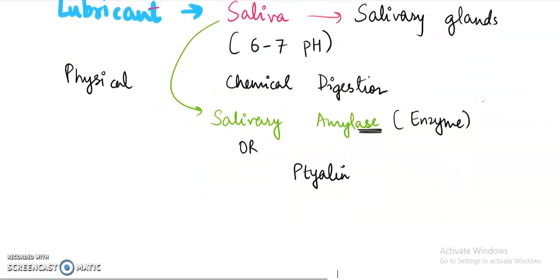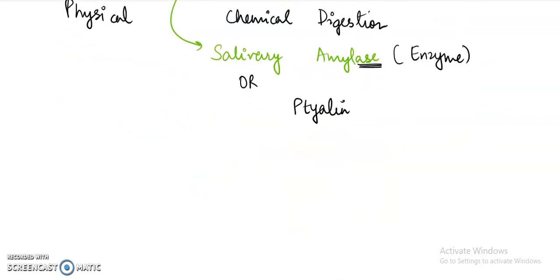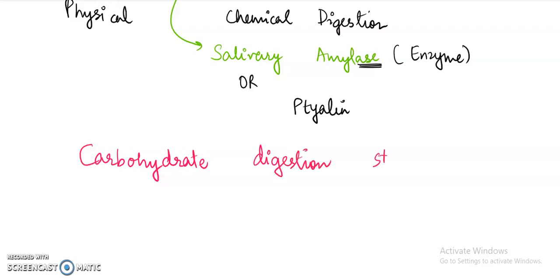Now, partial digestion of the food occurs in the mouth only, and out of carbohydrates, fats and proteins, carbohydrate digestion starts in the mouth. This is very important to learn, that carbohydrate digestion starts in our mouth. If you don't take anything sweet but you keep on chewing chapati or a parantha which does not contain any sugar, over a period of a few seconds it will taste sweeter to you.